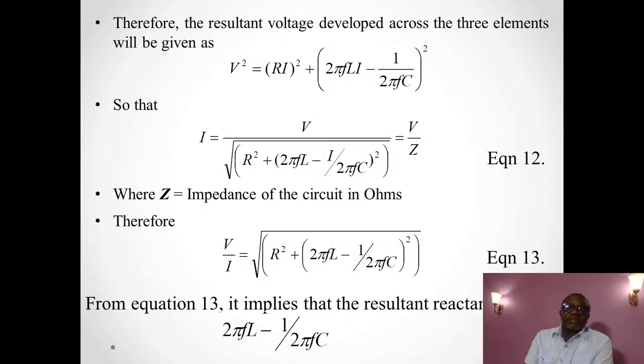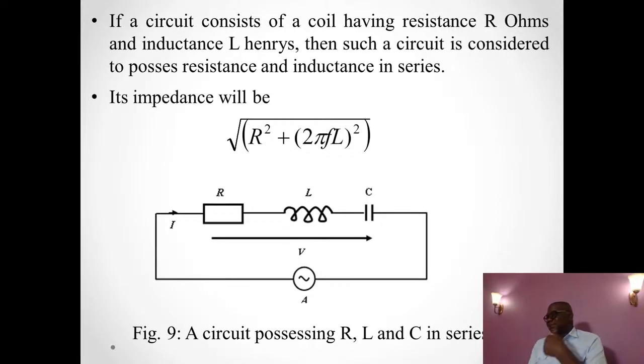In other words, if you equate it to 0, it means that 2 pi FL will be equal to 1 over 2 pi FC, all things being equal.